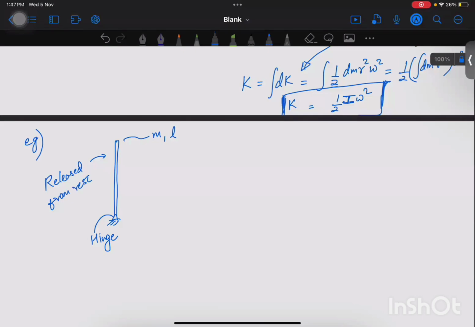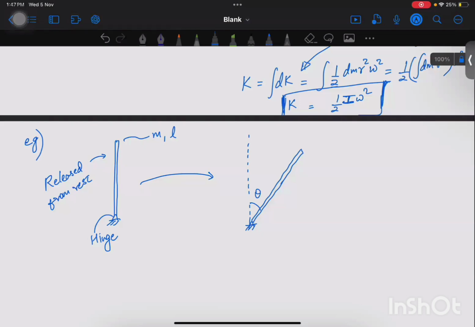So what would happen as time passes? As time passes, this rod is going to make a certain angle with the vertical, right? So we can imagine how the situation will be. This way, let's say. This is the vertical, and this angle over here is theta, let's say.